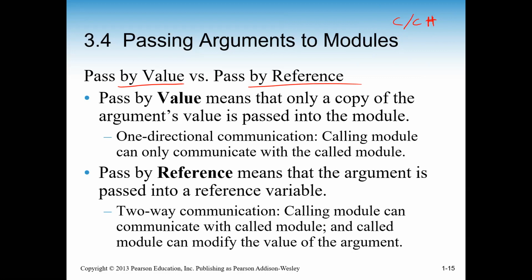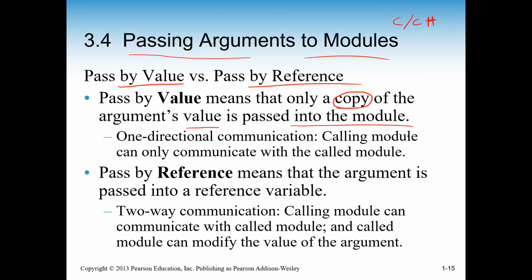So what is the idea here? The title is passing arguments to modules, right? Pass by value versus pass by reference. I keep calling it by val, by ref. What I meant is by value or by reference. To pass by value means that only a copy of the argument's value is passed into the module.